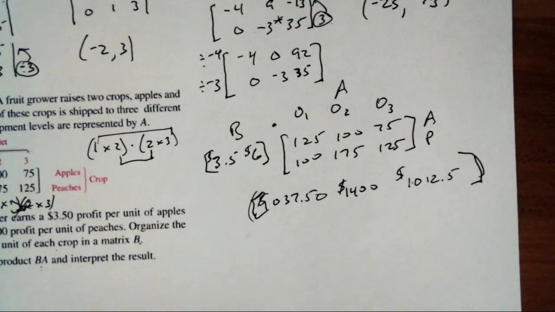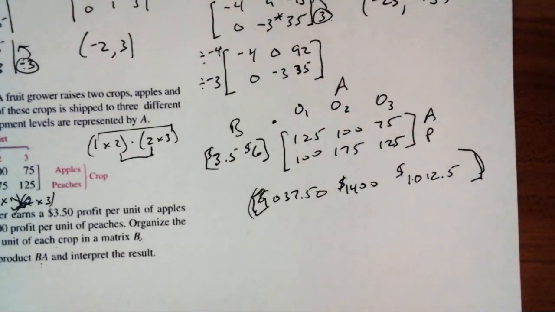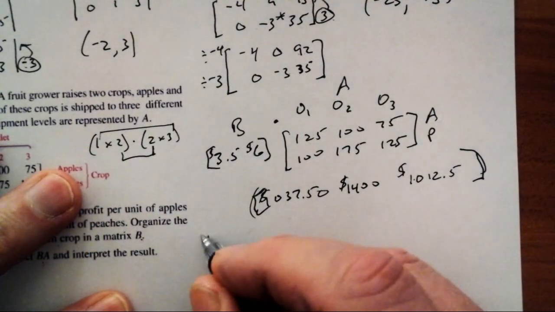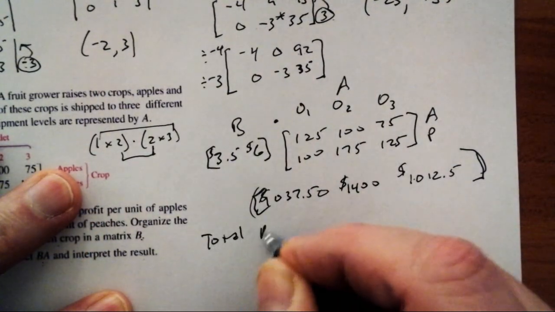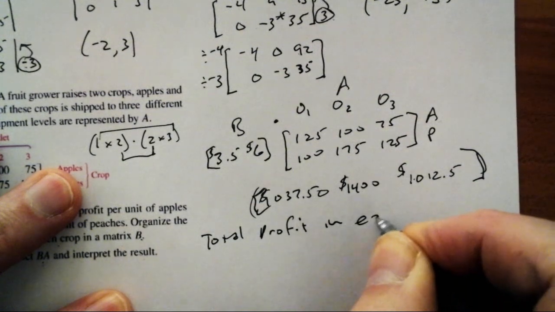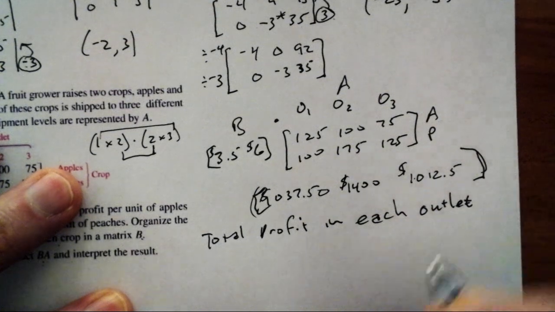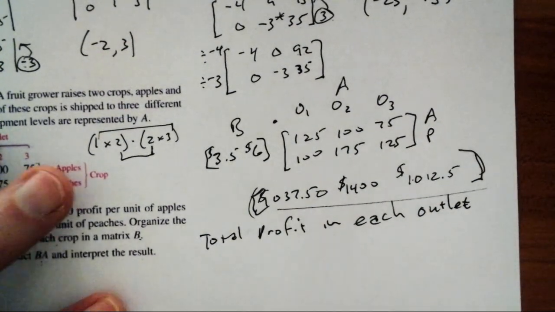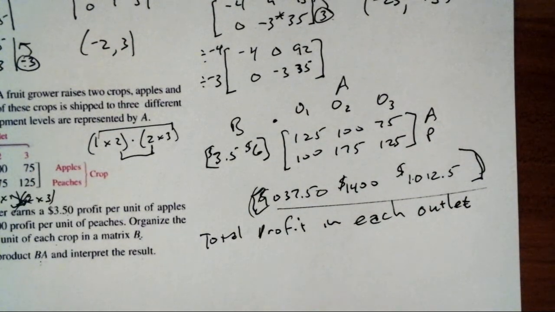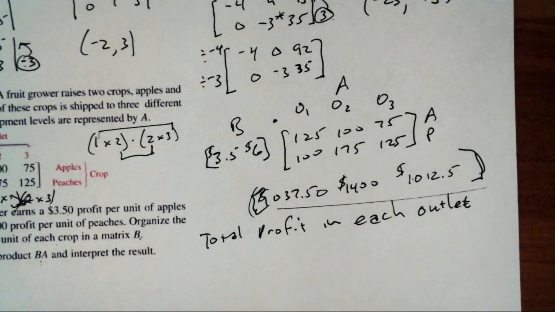So there is a reason why we'd multiply matrices in this twisty finger manner that I talk about. So this is total profit at each outlet. It organizes it for us like that. And the beauty of that is, go back to the hardware manufacturer, hardware stores, where we have thousands and thousands of elements in here.